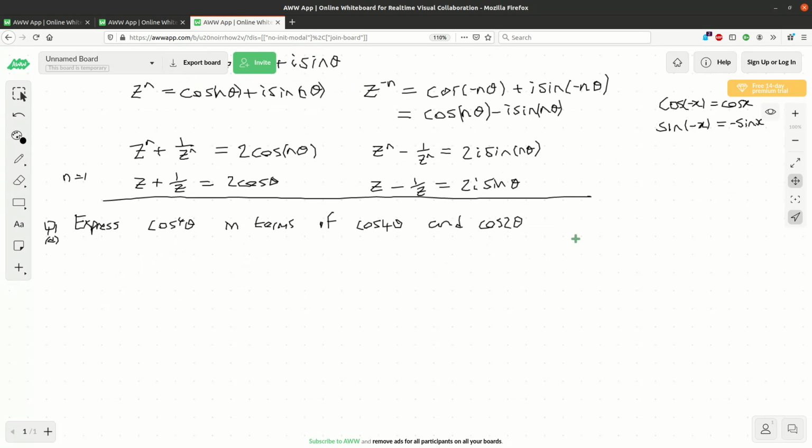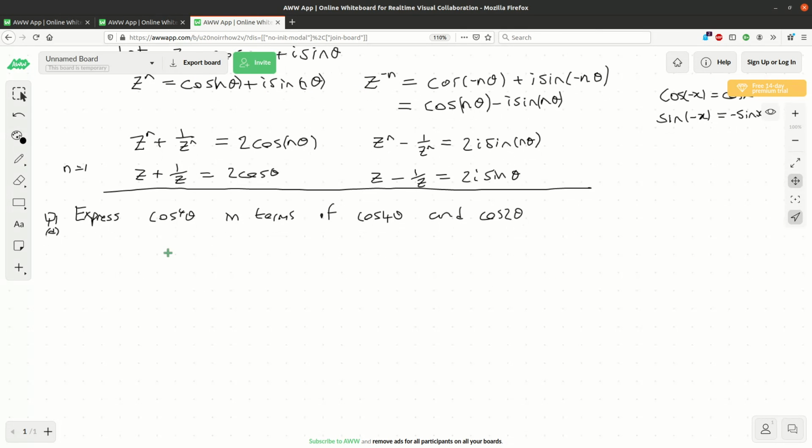Well, we let z equal cos theta plus i sin theta. And then we say, in which case, z plus 1 over z, to the power of 4.